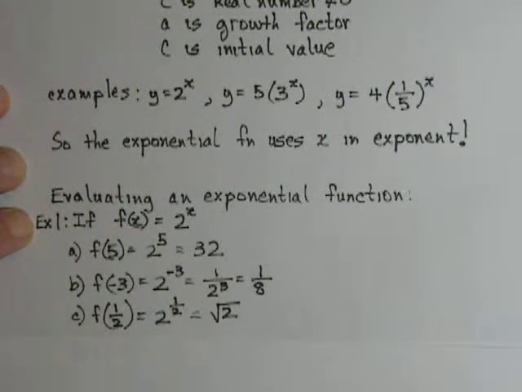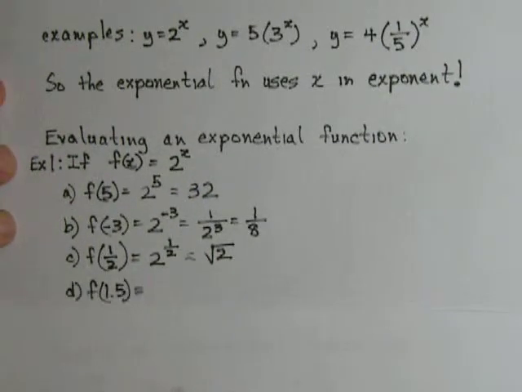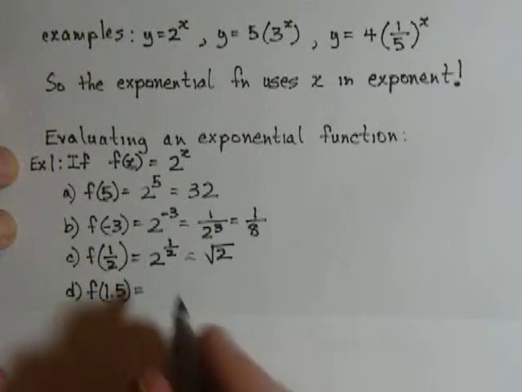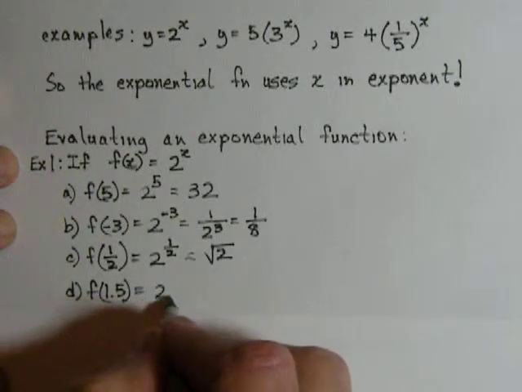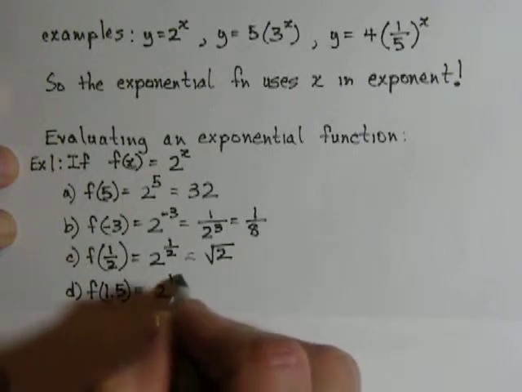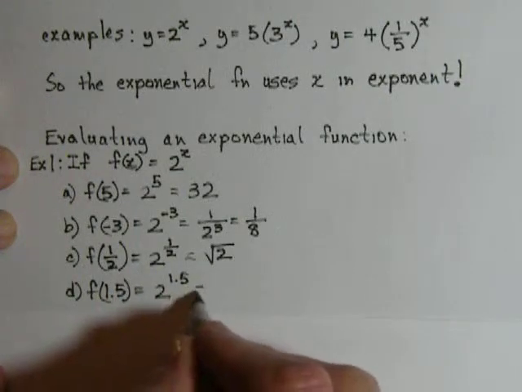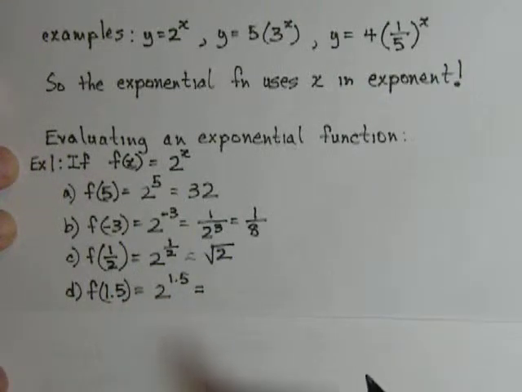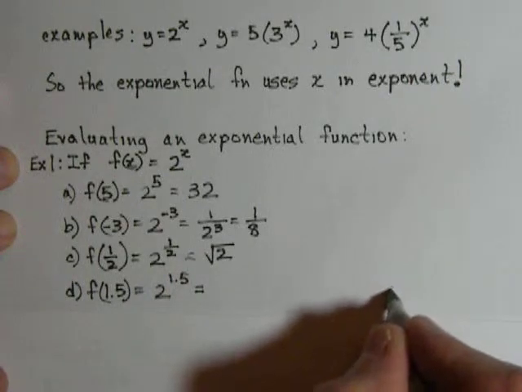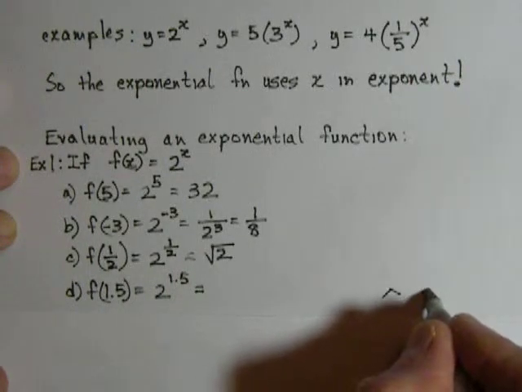And lastly, f of 1.5. Now, in order to do this, we're going to put 1.5 in the position of the exponent. Now, in this case, we would need a graphing or a scientific calculator in order to work it out. And basically what you do is you use what I call the up key, the up caret key, or the y to the x key.